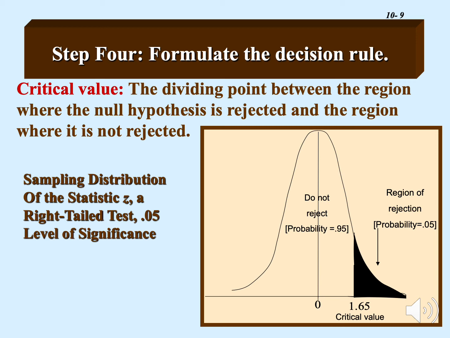If you compute manually and the value falls more than 1.65, then that is in the rejection region. Otherwise, if it is less than 1.65, it is in the acceptance region.